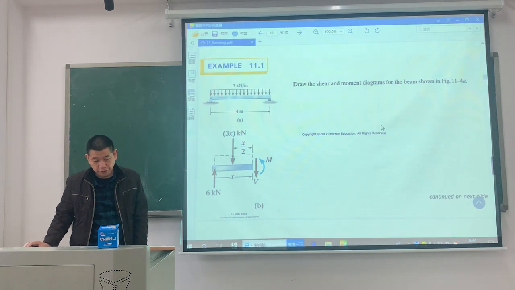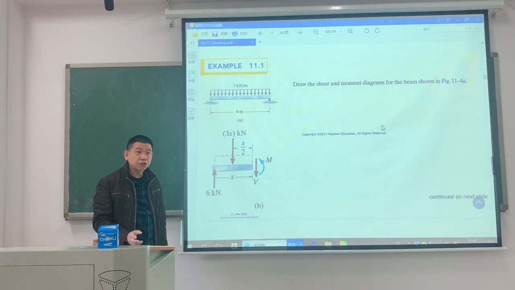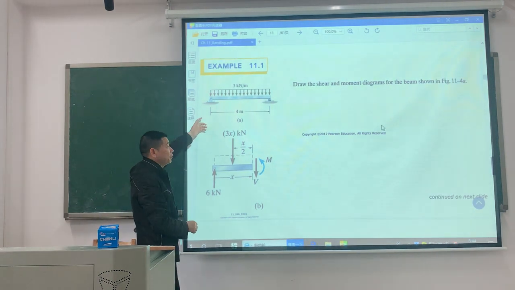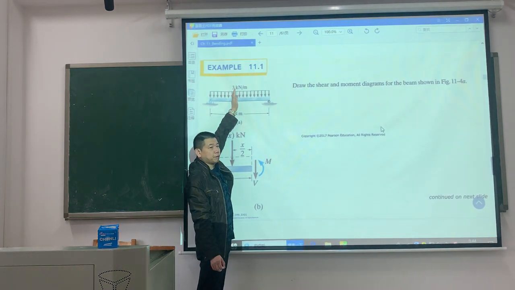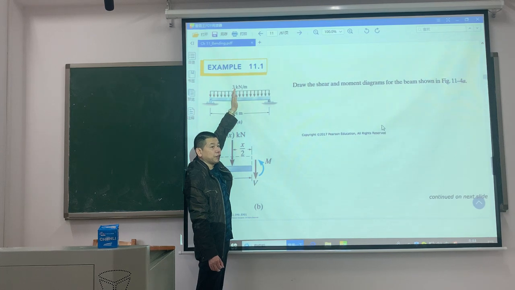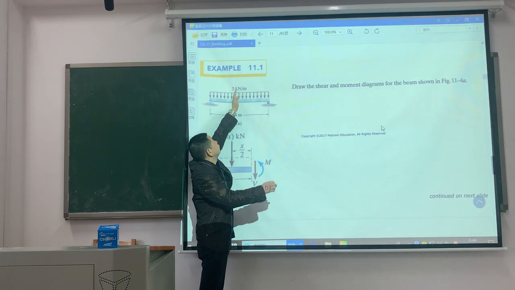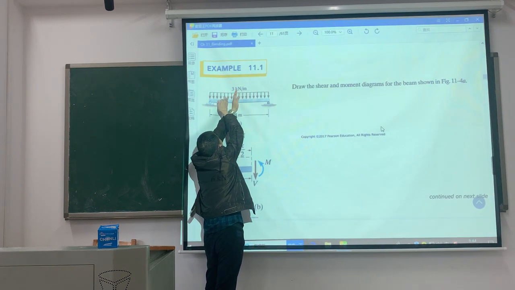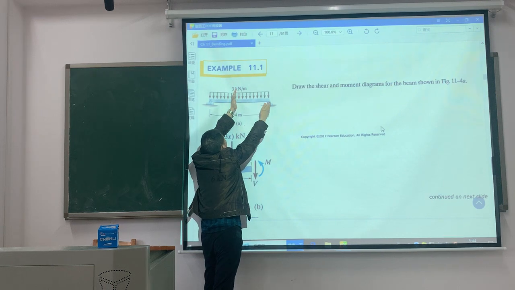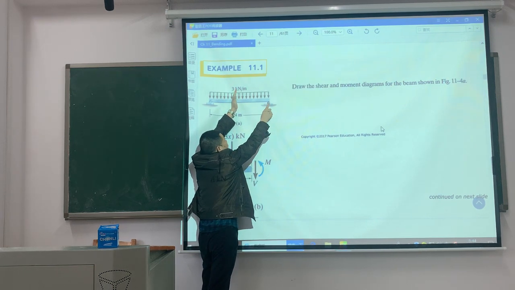At the first step, we have to find the reaction for this beam. Because for any given cross section, on the left section or the right section, there is a force.